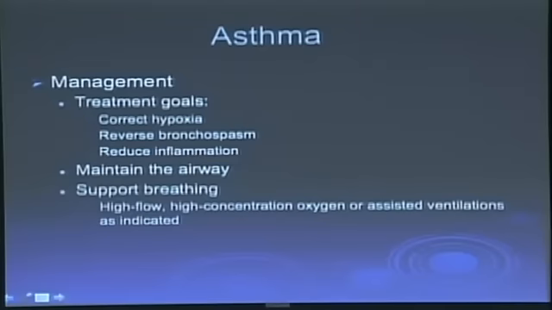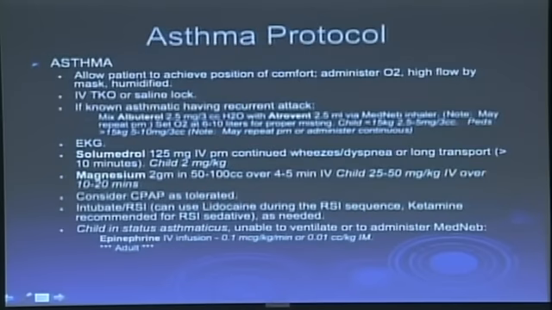Treatment goals of an asthma attack: correct hypoxia, reverse bronchospasm, reduce inflammation while maintaining the airway and supporting breathing. So, your protocol: allow the patient to achieve a position of comfort. If they're comatose, that's easy.